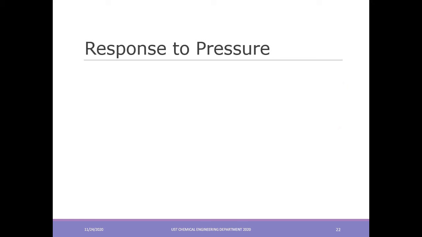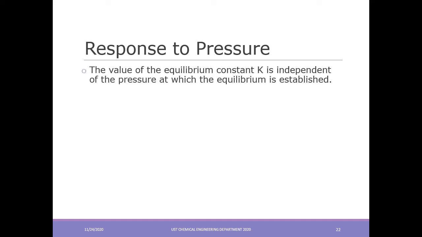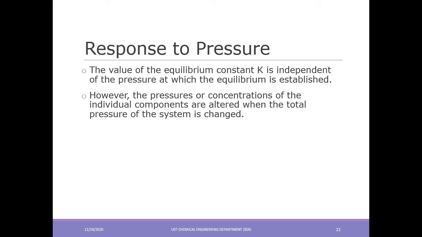First, let's analyze the effect of pressure changes. We know that the reaction Gibbs energy, and thus K, is independent of the pressure at which the equilibrium is established. However, this doesn't mean that pressure changes will not affect the system in equilibrium. Note that even though K is unaffected, the concentrations and partial pressures of the substances are changed when the system pressure is varied.